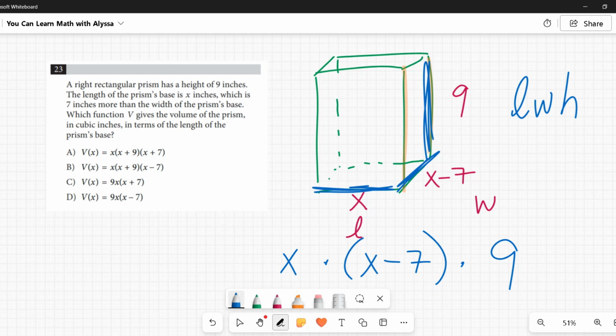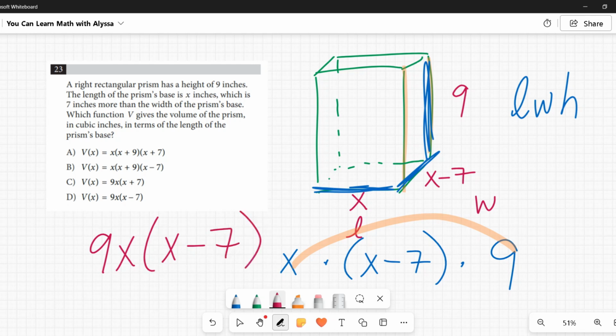Now I can multiply these two together. 9 times x is 9x, and the x minus 7 stays there. I could distribute it, but before I go any further, I'm going to look up here at their answers, and none of these are distributed. They are still in these undistributed forms. Is there one that looks like what I just wrote? Absolutely there is. It's D.